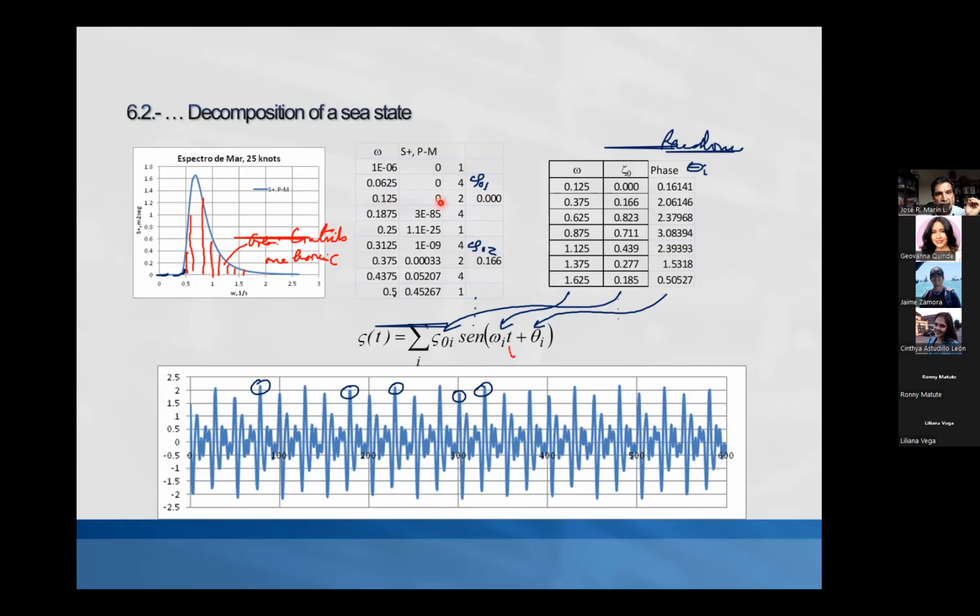You evaluate at the central point, multiply by the width, and that's what you have. But that's something that we should have in our mind, because that's something that we could use. Okay, so we generate a time series, and with this time series, we could develop any statistical analysis.